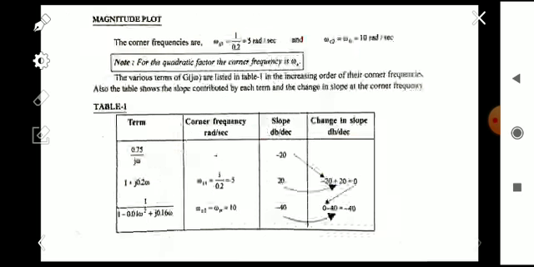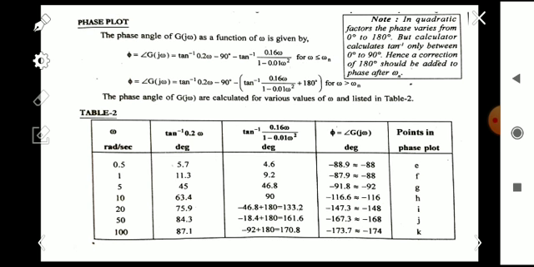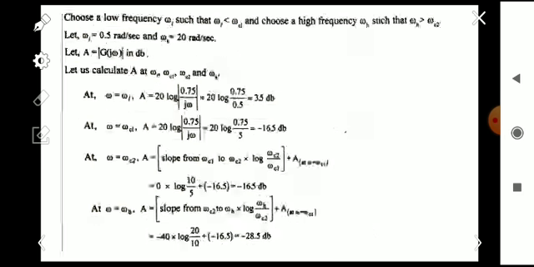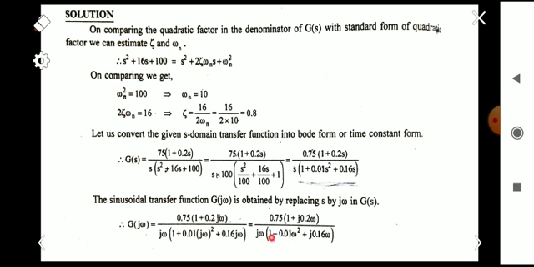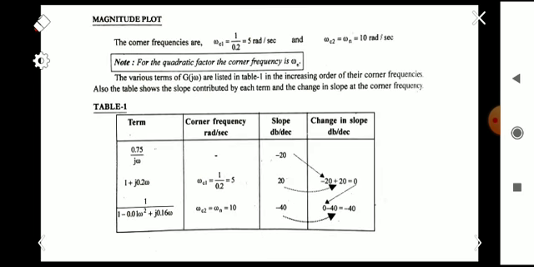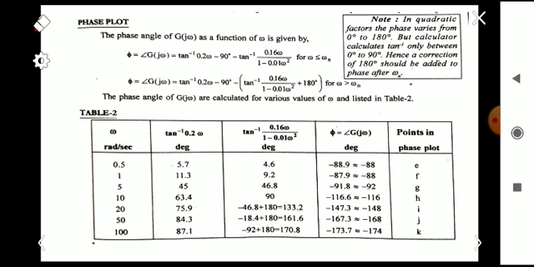That is the angle of the second order term, and since it is in the denominator, the sign is minus. So the phase angle is tan inverse 0.2 omega minus 90, then minus tan inverse 0.16 omega by 1 minus 0.01 omega square.